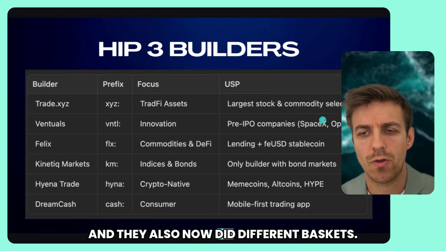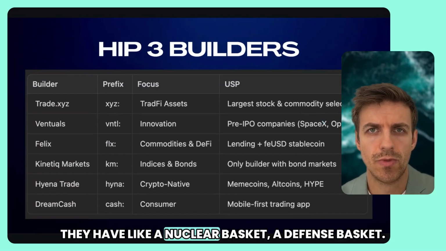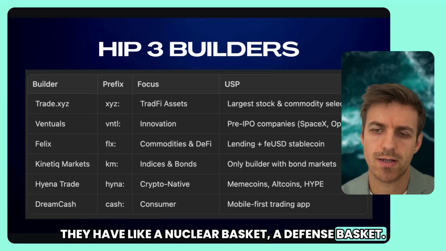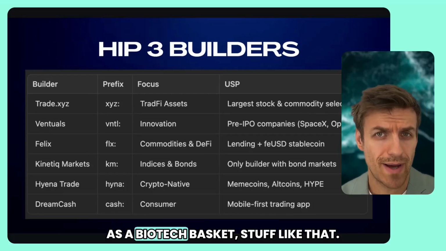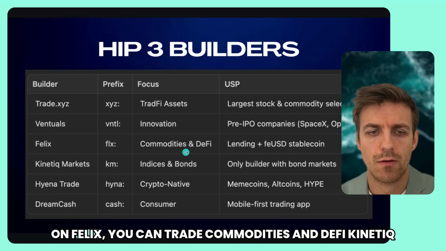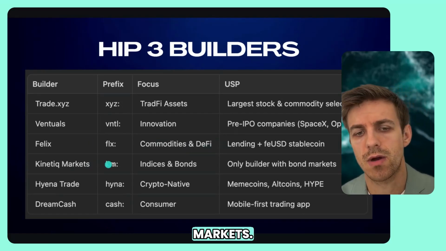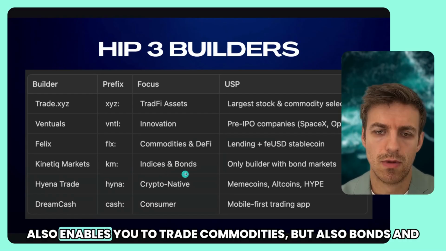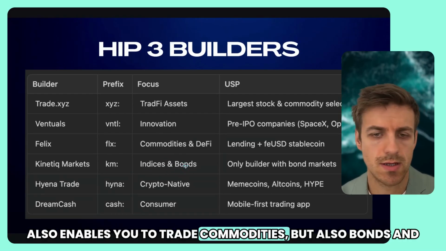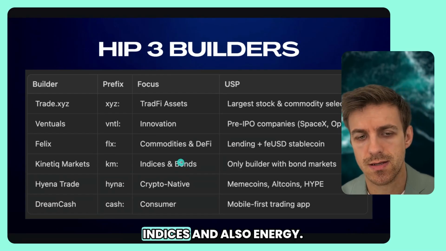And they also now did different baskets. They have a nuclear basket, a defense basket, a biotech basket, stuff like that. On Felix, you can trade commodities and DeFi, and Kinetic Markets also enables you to trade commodities, but also bonds and indices, and also energy.